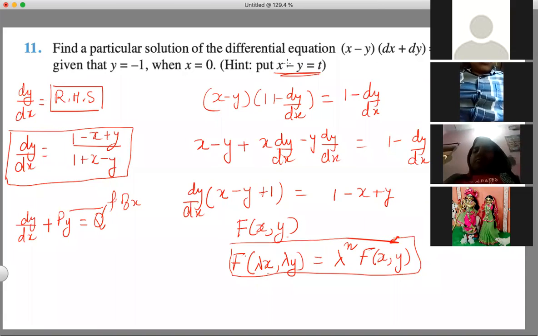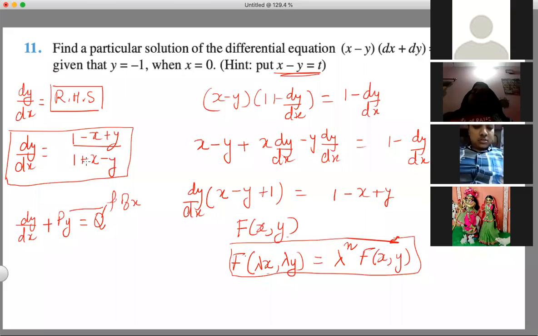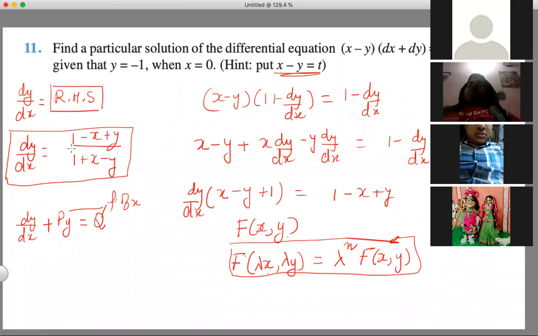हम एक सब्स्टिट्यूशन करेंगे जिसकी वजह से क्या हो जाना चाहिए? वेरिएबल सेपरेट हो जाएं. Okay. And that substitution is, we can see कि अगर मैं x minus y को t ले लूं तो ऊपर x माइनस x माइनस टी हो जाएगा और नीचे x प्लस टी हो जाएगा. और फिर we will be able to separate our variables.